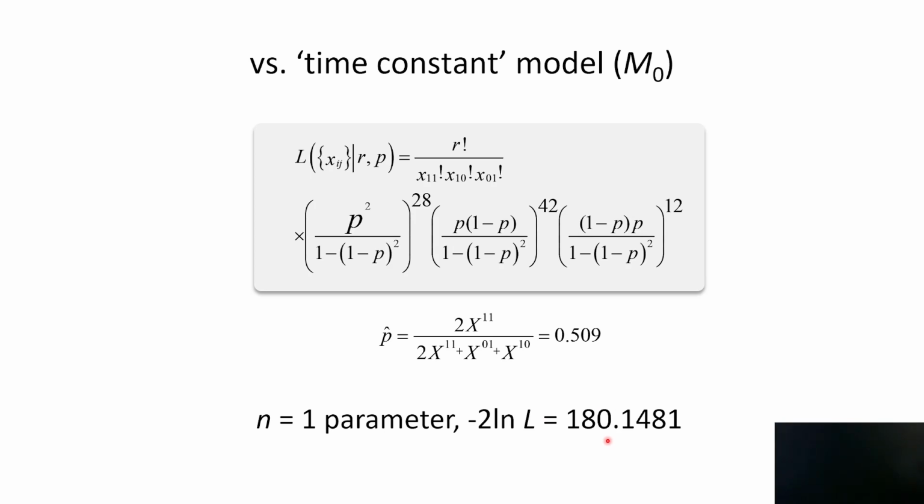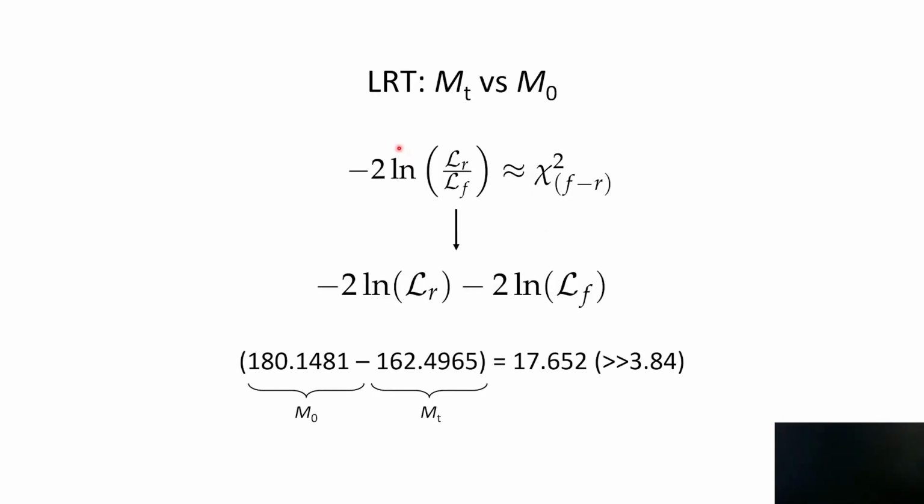Well, we can use this likelihood ratio test based on the chi-square. Again, there's the basic expression. Since it's logs, we can simply rewrite this, and sometimes it's convenient to do it this way, as simply the difference between the two: -2 times the log of the numerator minus -2 times the log of the denominator. That's how you can move things around for this fraction. We take the 2 -2 log likelihoods, so 180.1 minus 162 equals 17.6.